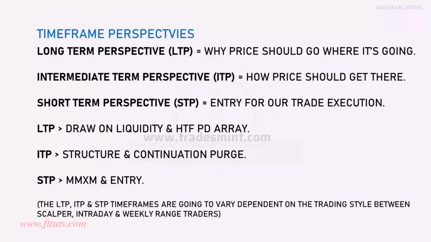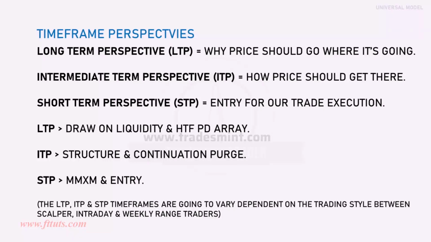So let's start off with time frame perspectives, right? That long-term, intermediate term, and short-term perspective. Reiterating again that long-term perspective is the why price should go where it is going, right? And think about that external to internal range and internal to external range, right? Then intermediate term perspective, this is how price should get there, right?